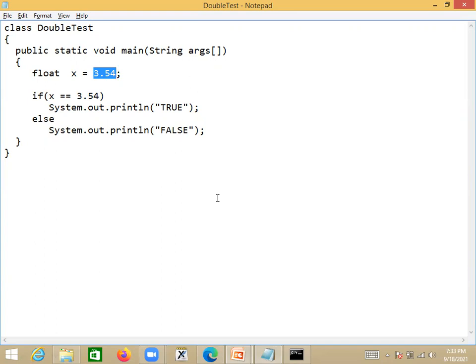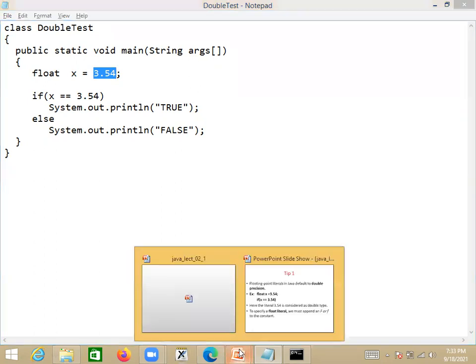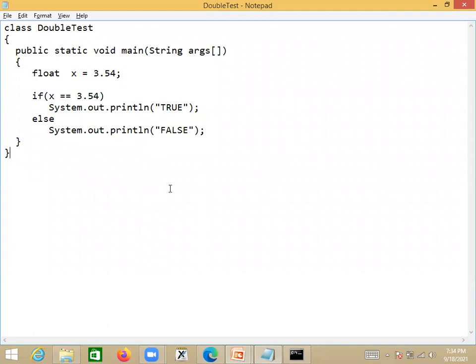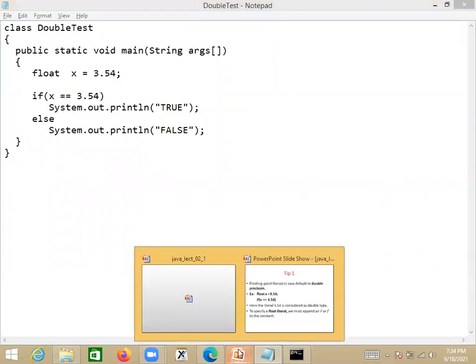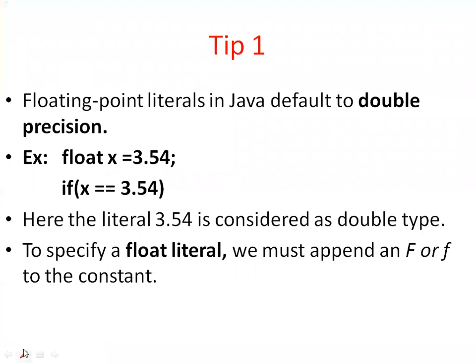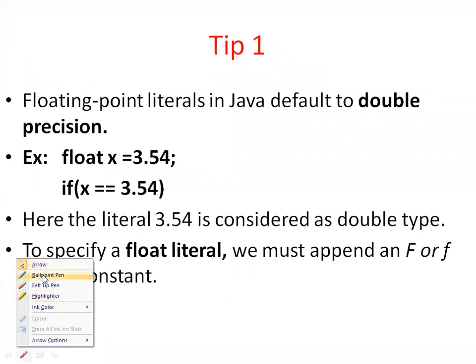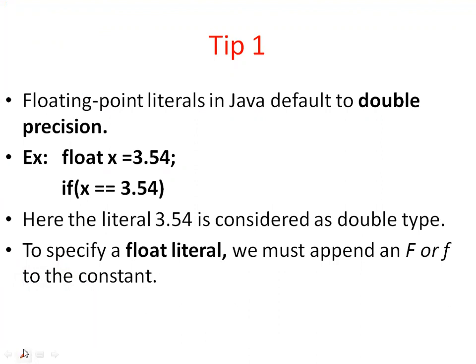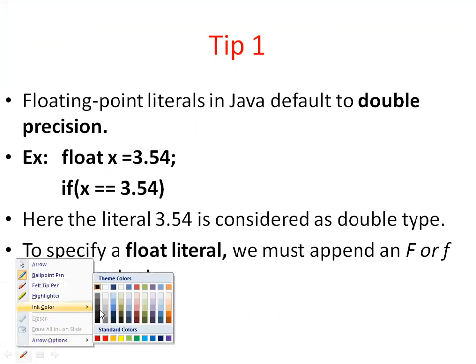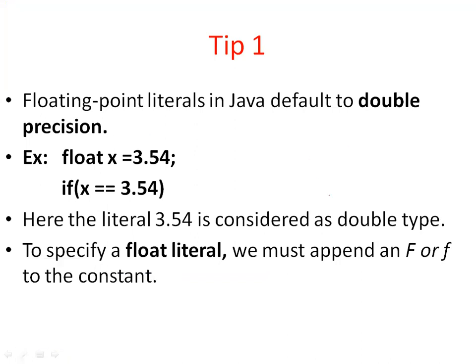Let me show this in the form of a diagram. Now x is of 32 bits, that means for x only 32 bits of memory will be allocated.